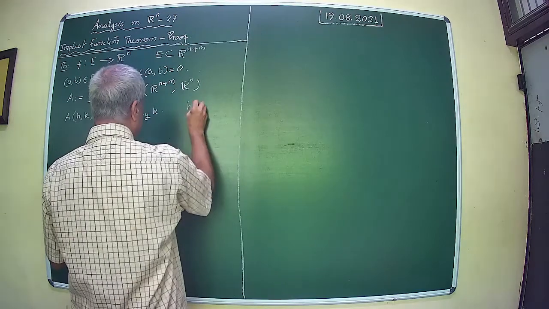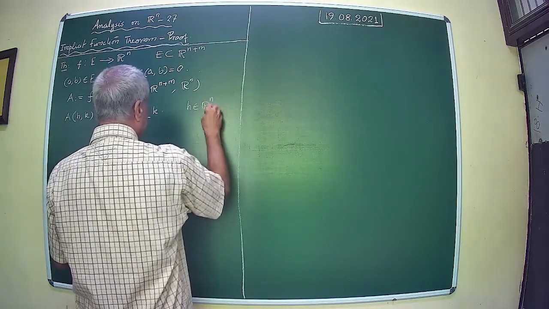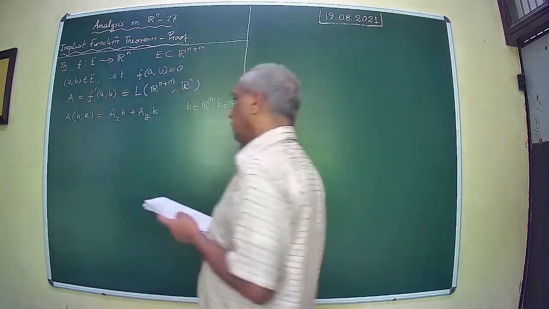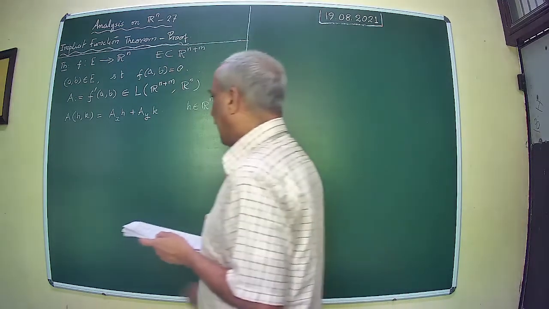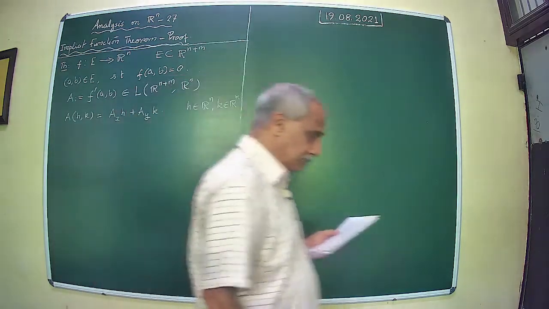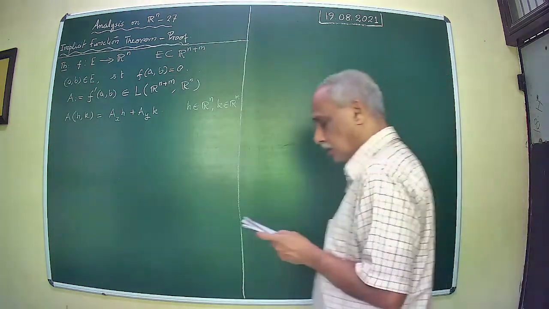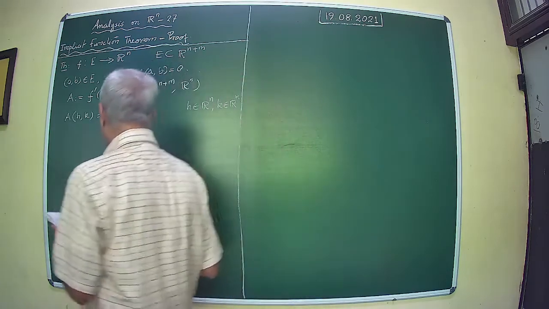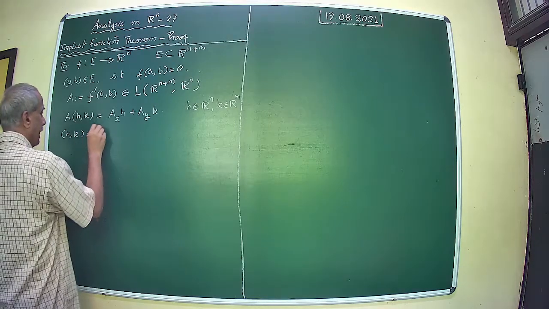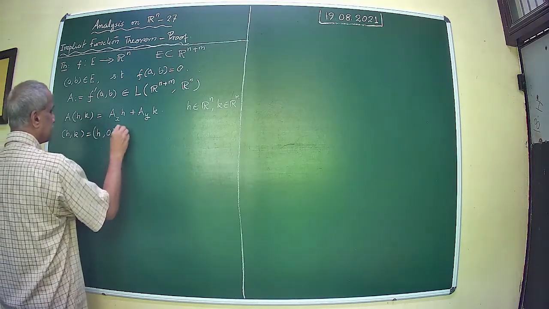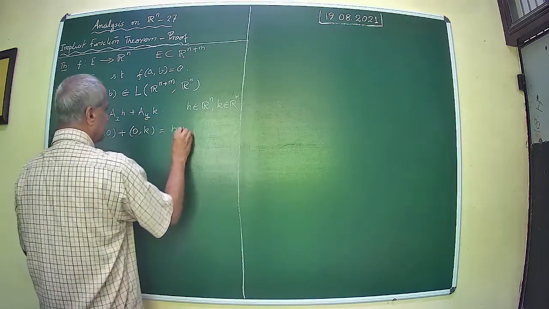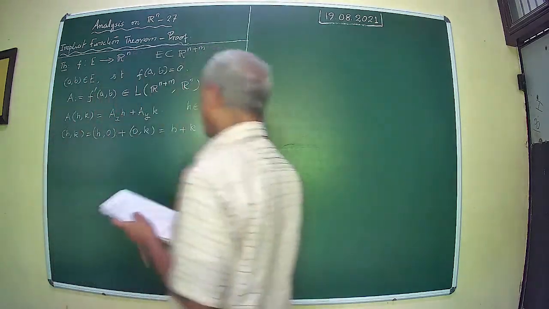Here h belongs to R^n, k belongs to R^m. That's a breakup that you have. And (h,k) is actually equal to (h,0) plus (0,k), and this I write as h plus k.